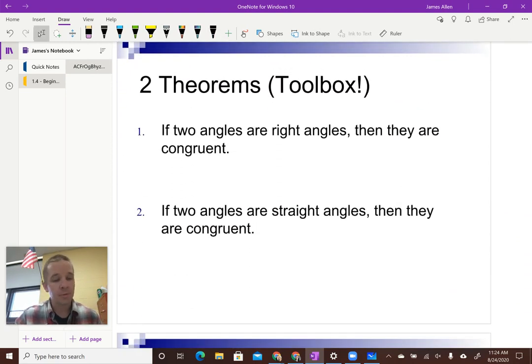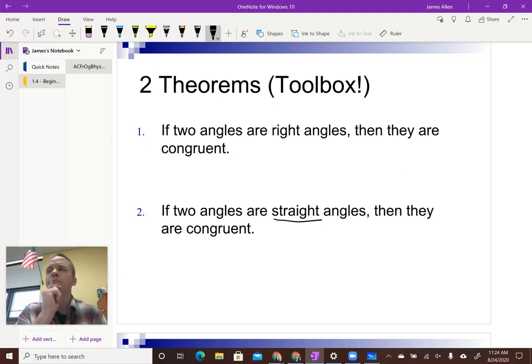Okay, a couple theorems. Fantastic. If two angles are right angles, then they are congruent. Okay, that makes sense, right? If they're right angles, they're 90 degrees. They're going to be the same measure. They are congruent. It's almost like a little shortcut. You don't have to say that they're 90 and then use definition congruent. We can just say if they're right angles, they are congruent. And we have another one, same kind of a deal, but this time with straight angles instead of right angles, then they are congruent.